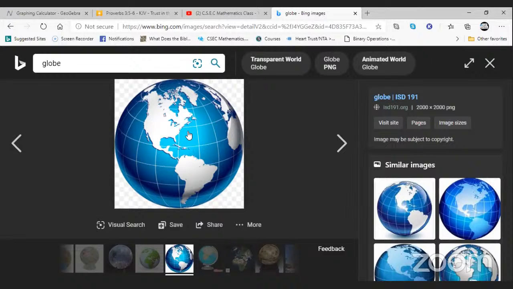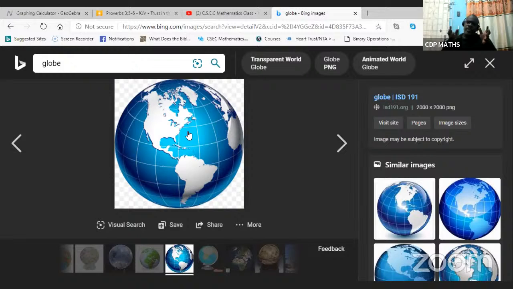So we have lines going horizontally and we have lines going vertically. Now, this is the real world. Now, these lines have names: the latitudinal lines and the longitudinal lines. That's what they're called.